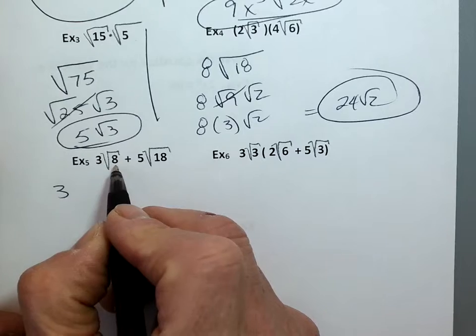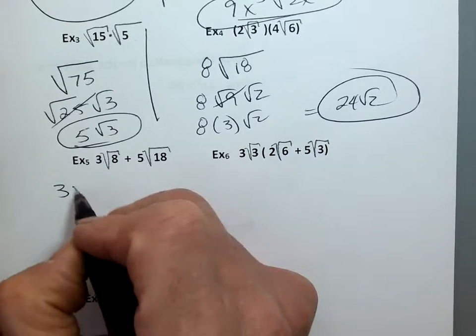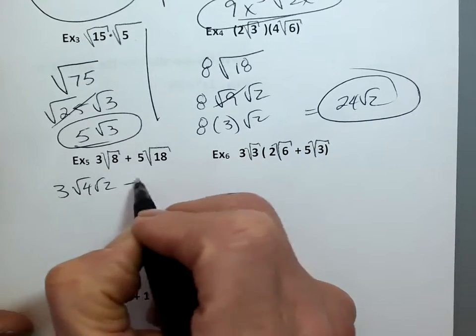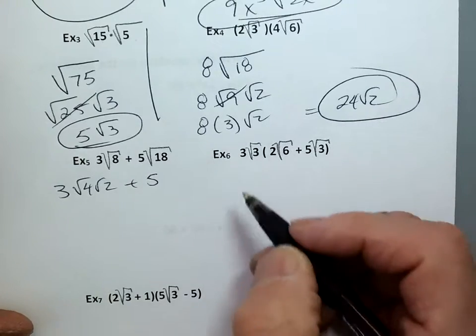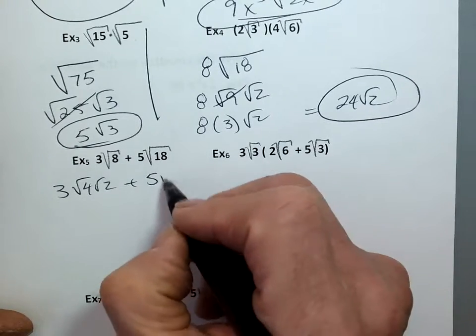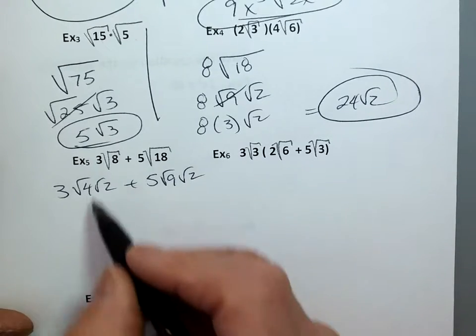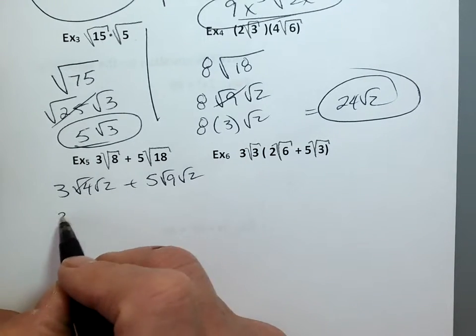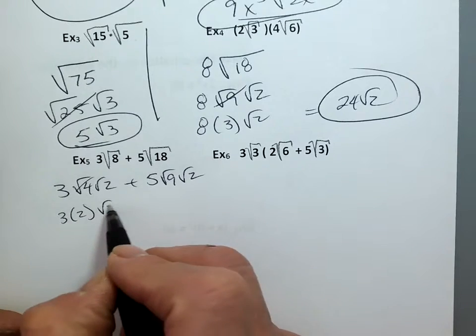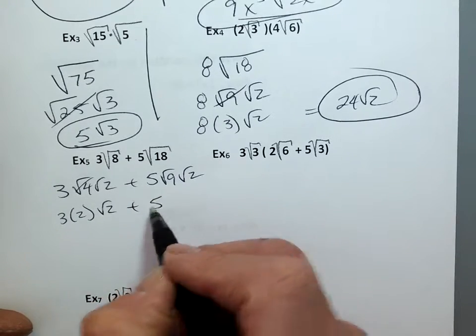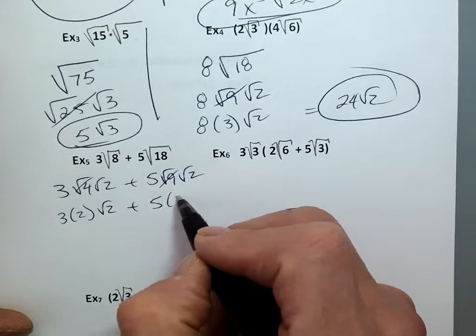What times what makes 8? 4 times 2. Yeah, square root of 4, square root of 2, plus what times what makes 18? That would be 9 times 2. Yep, perfect. Okay, now let's keep going. Square root of 4 is 2, so I got a 3 times 2 square root of 2 plus 5 times square root of 9, 5 times 3 square root of 2.